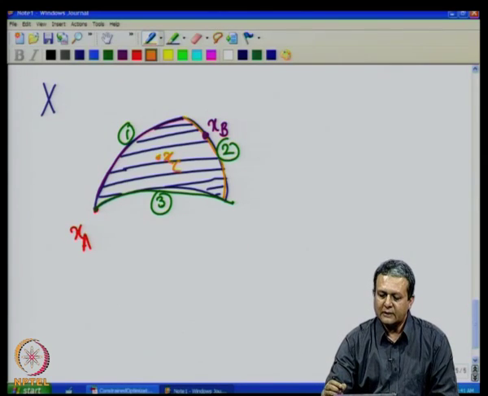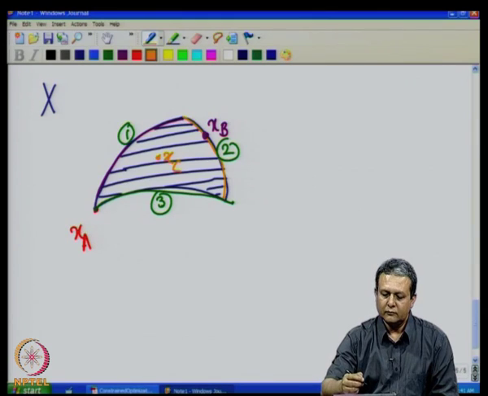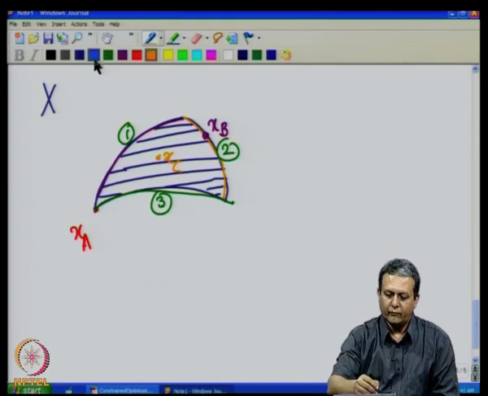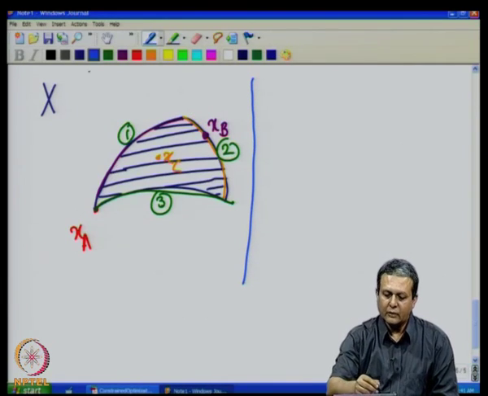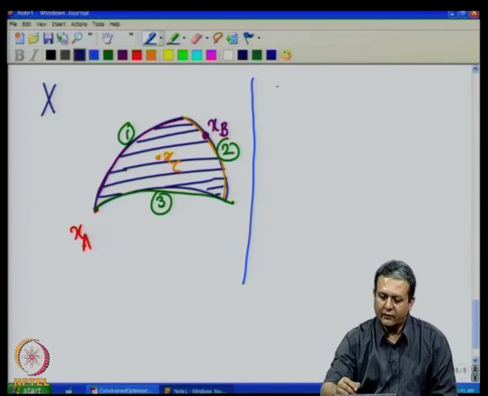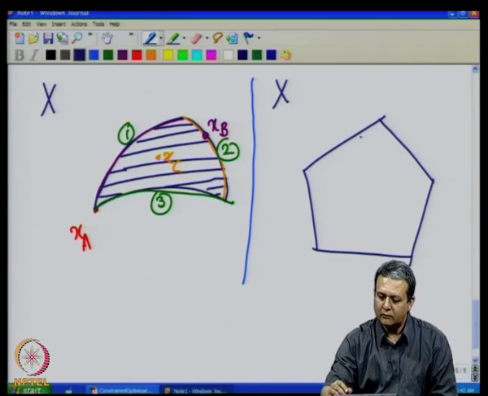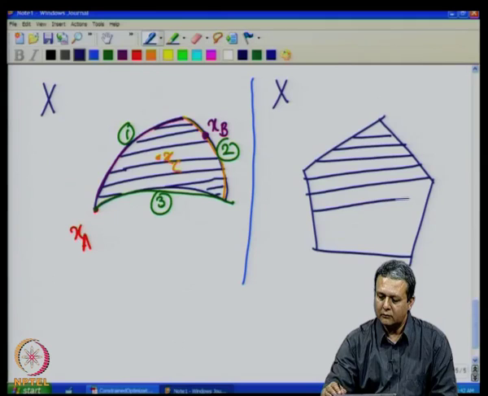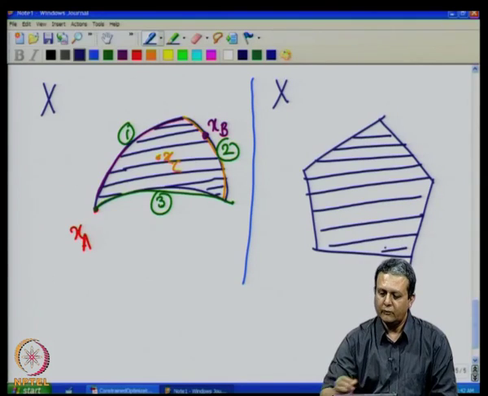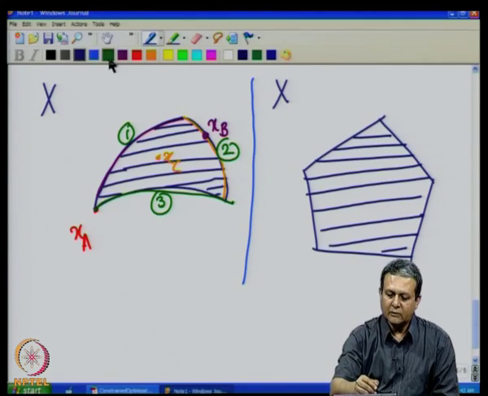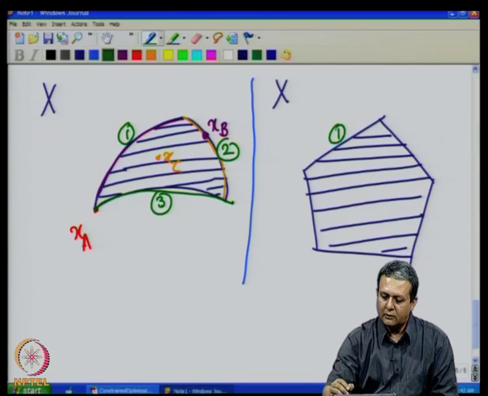If we consider another example, suppose we have a feasible set X, and let us number the constraints.